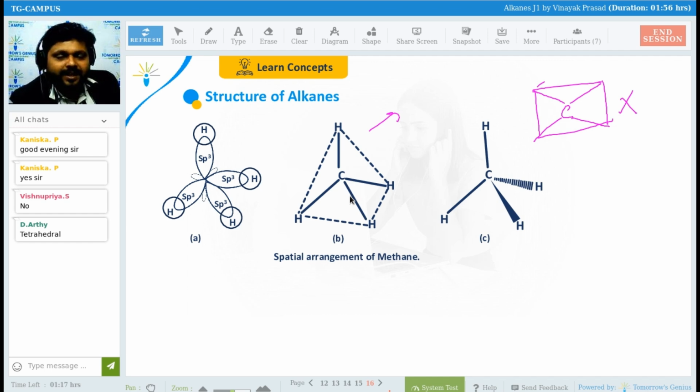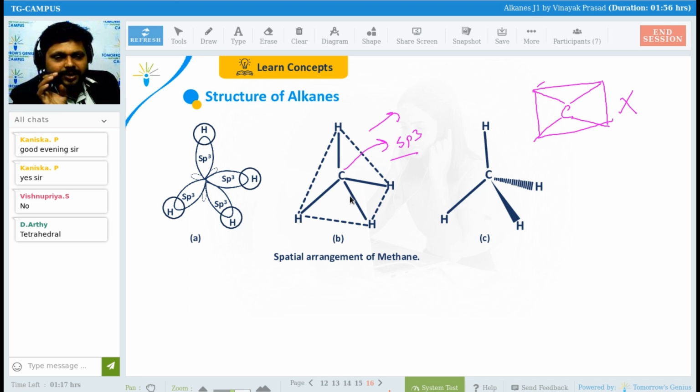Now, you can see here that this carbon has what arrangement? sp3 hybridization. What is the hybridization of this carbon here? sp3 hybridized. Yes or no, guys?